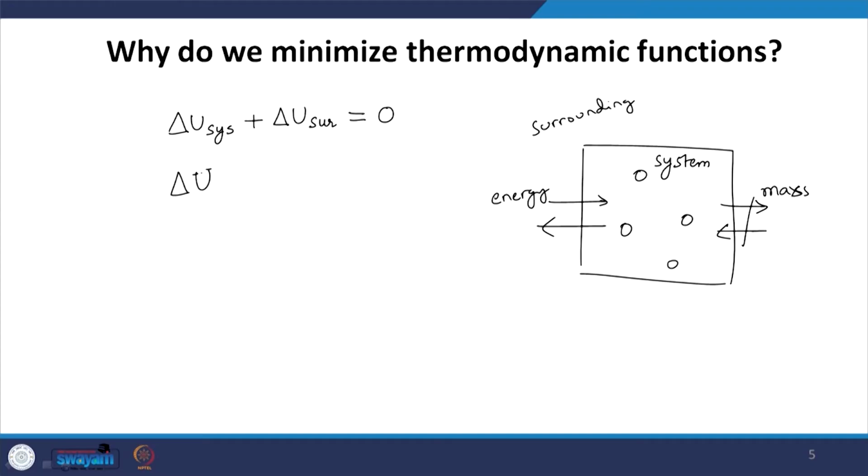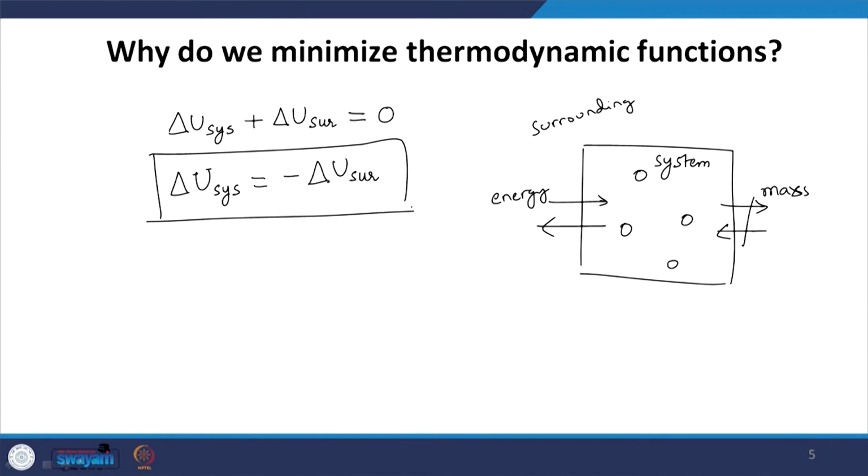But in this particular case, what this means is that the energy of the system U can actually change, because the delta U of the surrounding may be non-zero, or the energy of the surrounding can change. Once they exchange energy, then U is no longer constant.